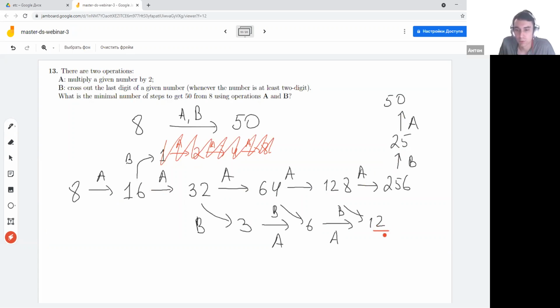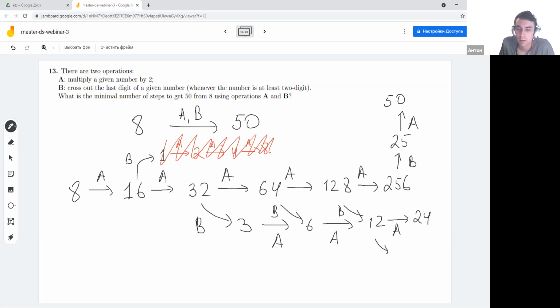But what about this option? Until this 12, we also have 1, 2, 3, 4, 5. So the question is, can we get from 12 to 50 using less than 2 steps? Well, no. If we use operation A, we get 24.